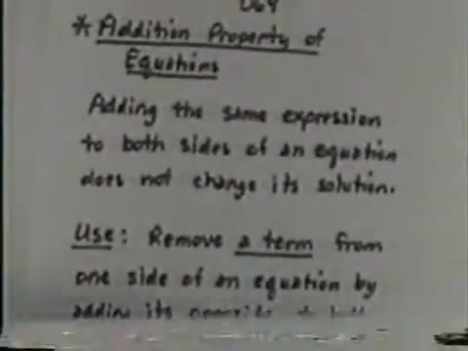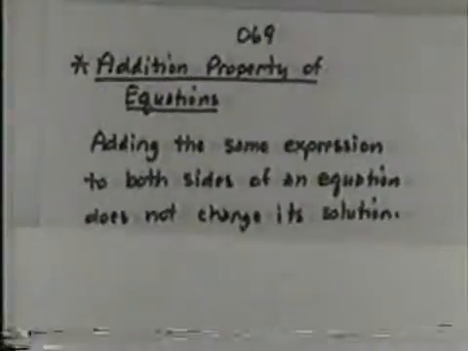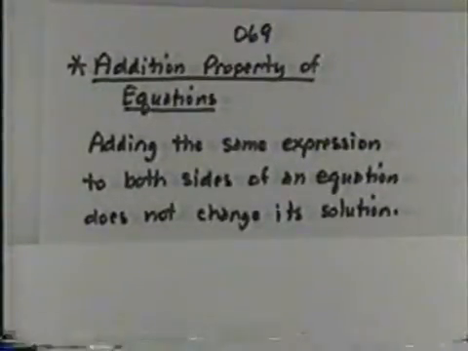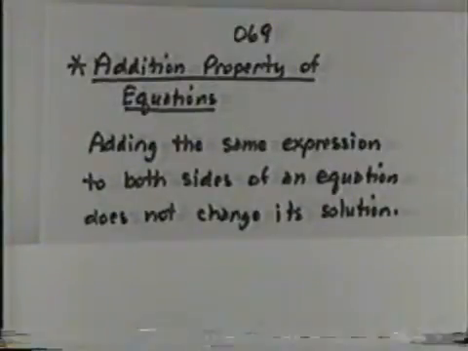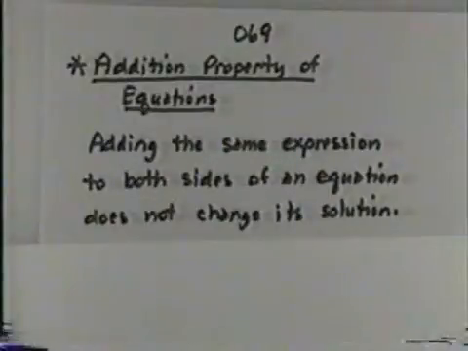Now, what can we use to solve equations? We begin with the addition property of equations. This one, again, is a major rule. Be sure to write this down. Put it on your list of properties and rules to learn.